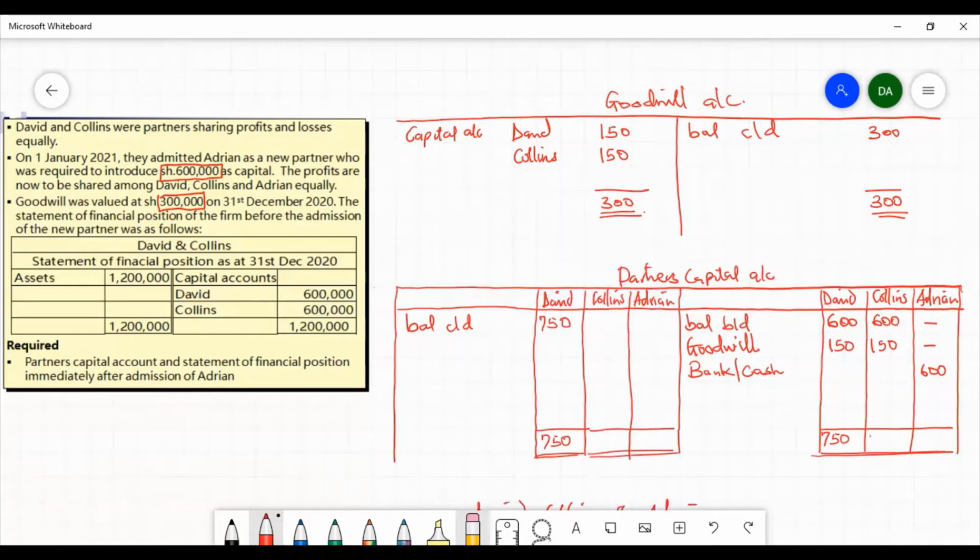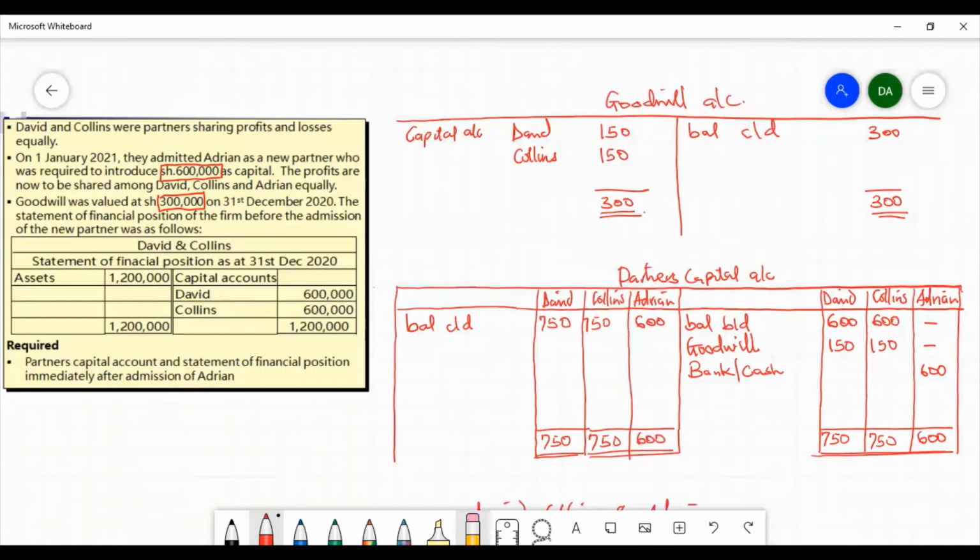For Collins, also we have 750,000 as the total. For Adrian, the total is 600,000, so the balance carried down is 600,000 and 600,000 as the total.